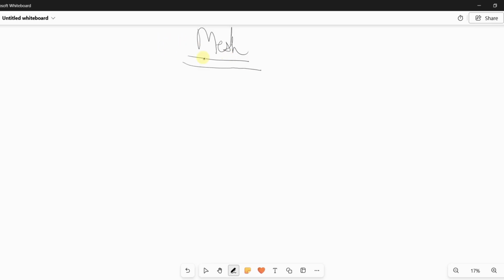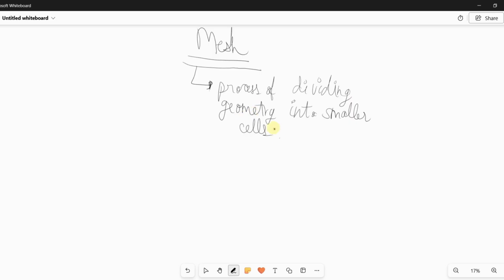So, yeah, what is meshing? In simple terms, meshing is the process of dividing your geometry into smaller cells, right?